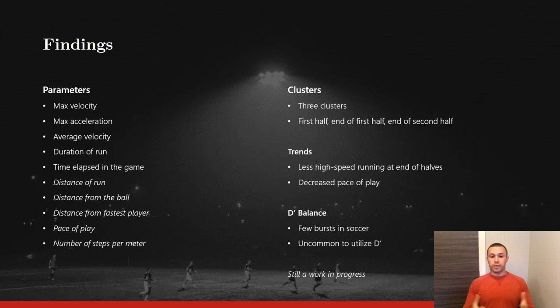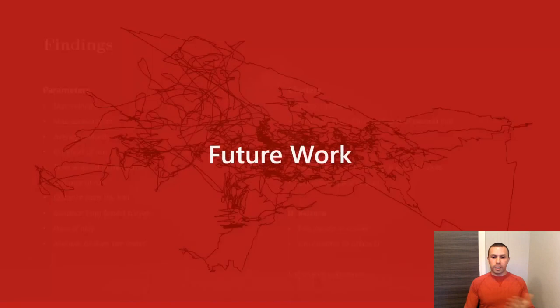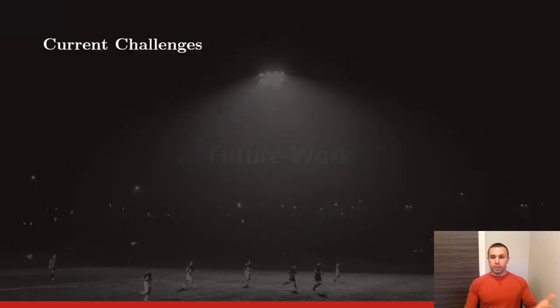But we also found that D prime is maybe not the best thing to use because there's too few bursts of energy or speed in these games that we might not actually see our anaerobic capacity being fully utilized. This is still a work in progress. We're still coding it, but we would like to apply it in the future.